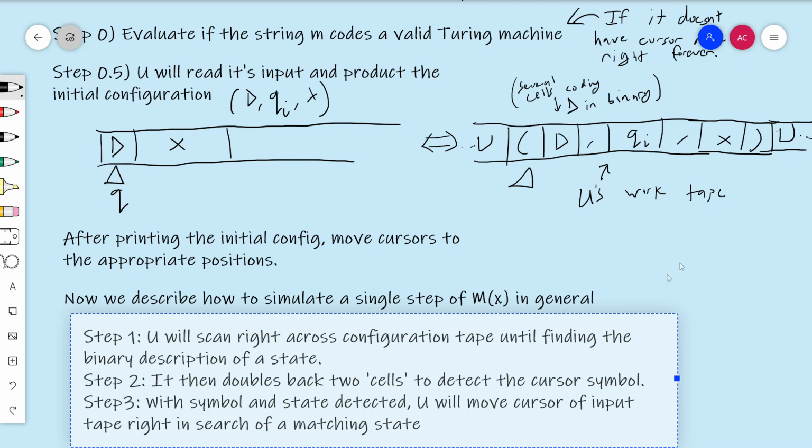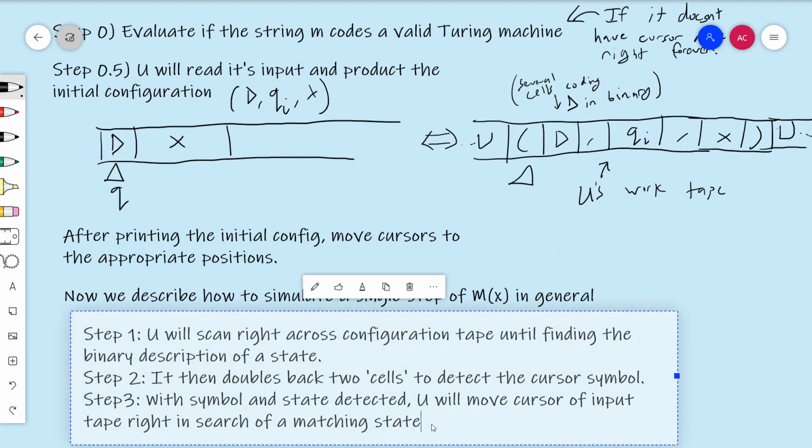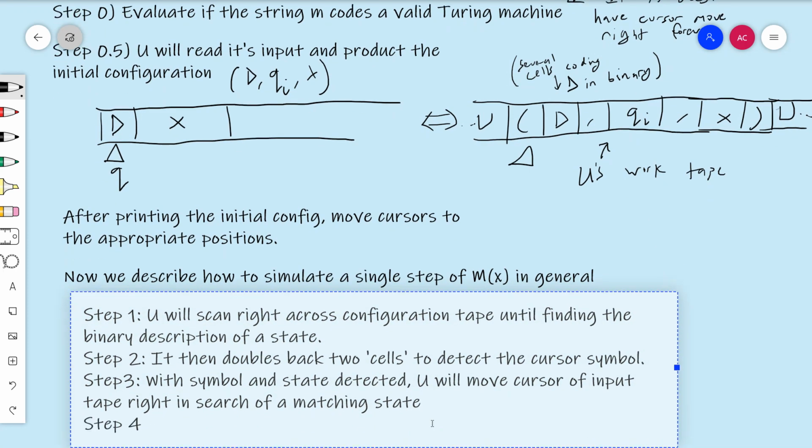So we're going to begin to move through our instructions looking for matching instructions. We'll start by looking for a state. If it finds a matching state, it doubles back to check if the symbol matches.